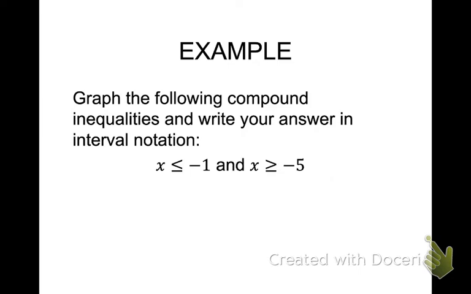So if I need x to be less than or equal to negative 1, and x needs to be greater than or equal to negative 5. So x is less than or equal to negative 1, and x is greater than or equal to negative 5.